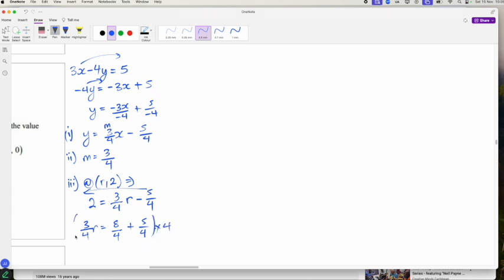So that means that we will now have 3R is equal to 8 plus 5. 8, 9, 10, 11, 12, 13. So 3R is equal to 13. I think you would probably get the same thing. 13 on 3, which is 3 3s are 9, 4 3s are 12, 4 and a third.